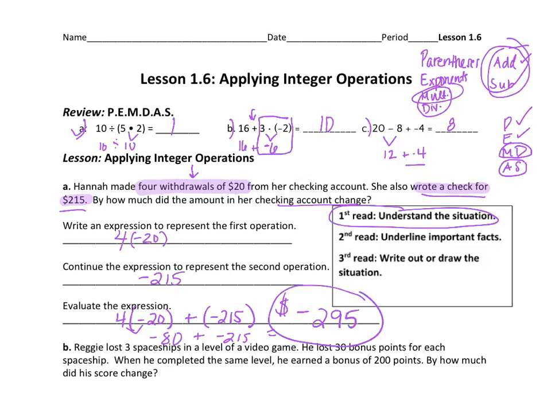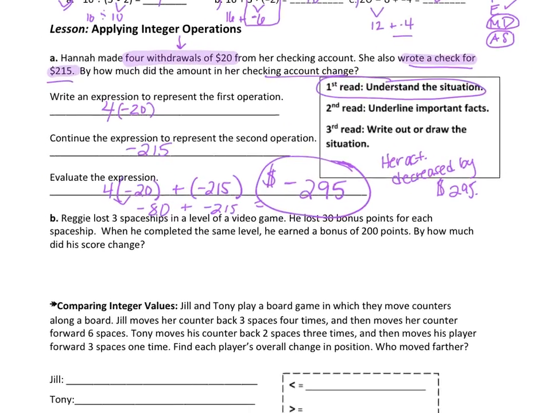So that is the change in her account. You could also write her account decreased by $295. But what I have circled here is completely appropriate.